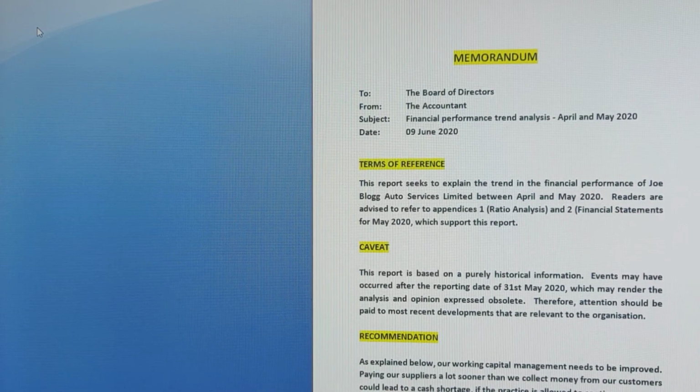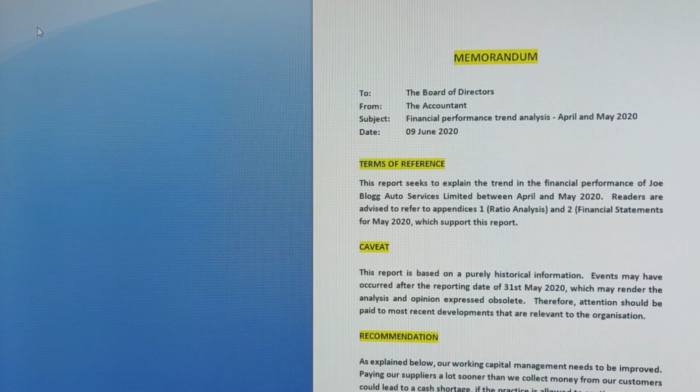This is extremely important that you explain this. Extremely important. So events may have occurred after the reporting date of 31st of May 2020, which may render the analysis and opinion expressed in this report completely obsolete. Okay? Things may have happened since then. You have to let everybody know. Therefore, attention should be paid to most recent developments that are relevant to the organization.